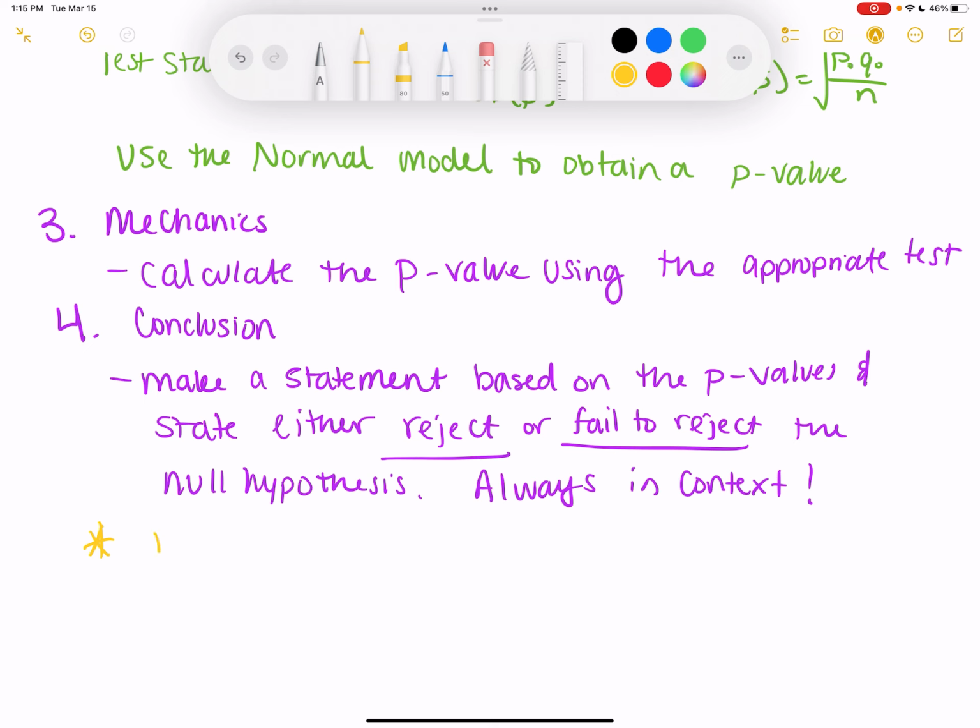Be sure to answer the actual question that began the testing procedure.